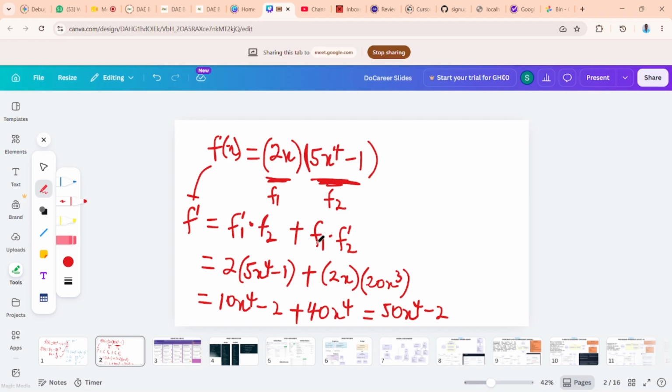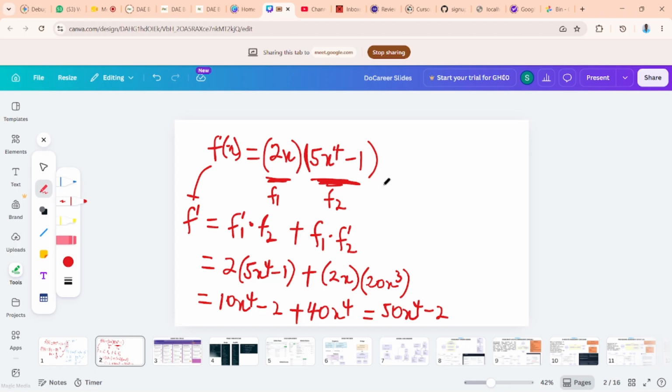It's clear. I just want to ask something. Yeah, it's clear. What's the question? So the same question, can it be 2x divided by 5x raised to the power 4 minus 1, and we'll still use the product rule by reciprocating? Are you asking another question?